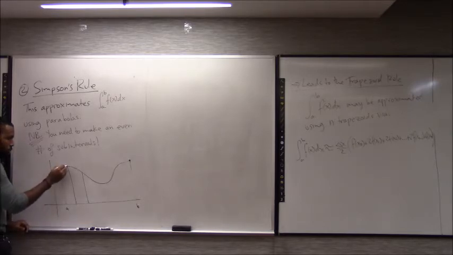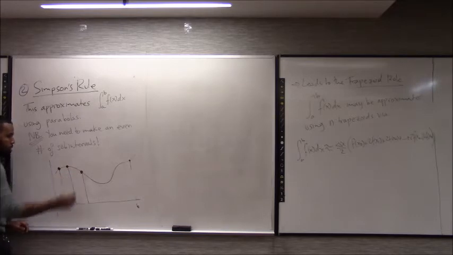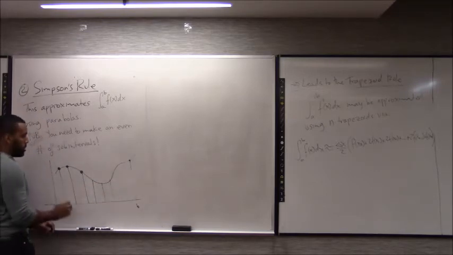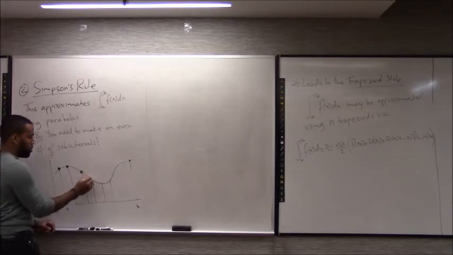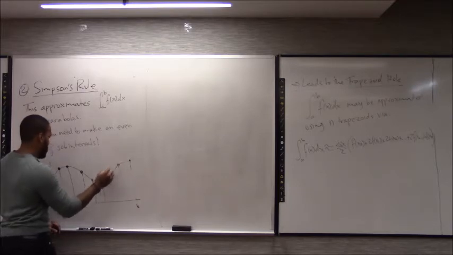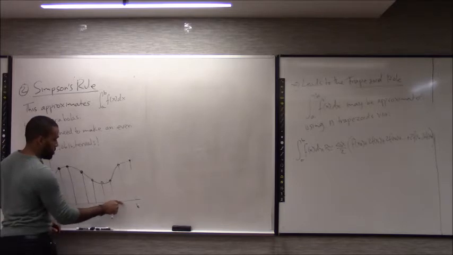So I'm going to take this point, and that point. And then I'm going to do another parabola, say over here, with this point, that point, and that point. Then I can do another one, say with this point, that point, and that point. How many do I have here? 1, 2, 3, 4, 5, 6.